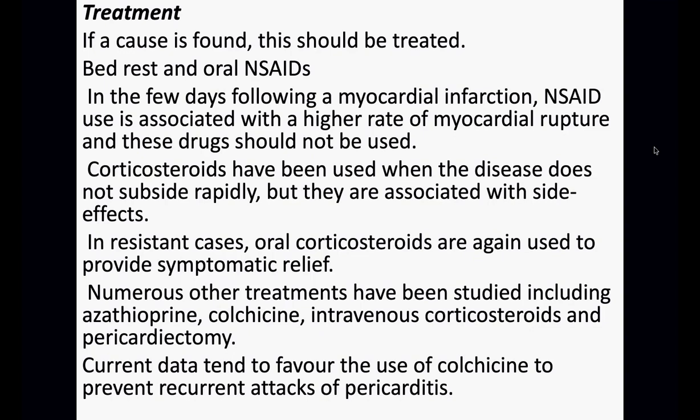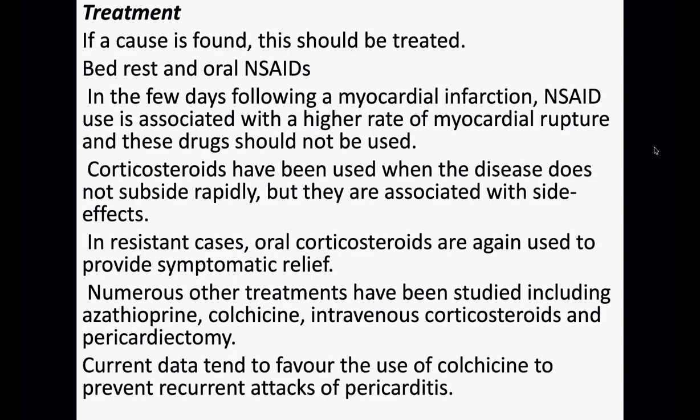So NSAIDs should not be used in post-MI pericarditis. Corticosteroids can be used when the disease does not improve rapidly, and especially in cases of viral or autoimmune or connective tissue diseases.